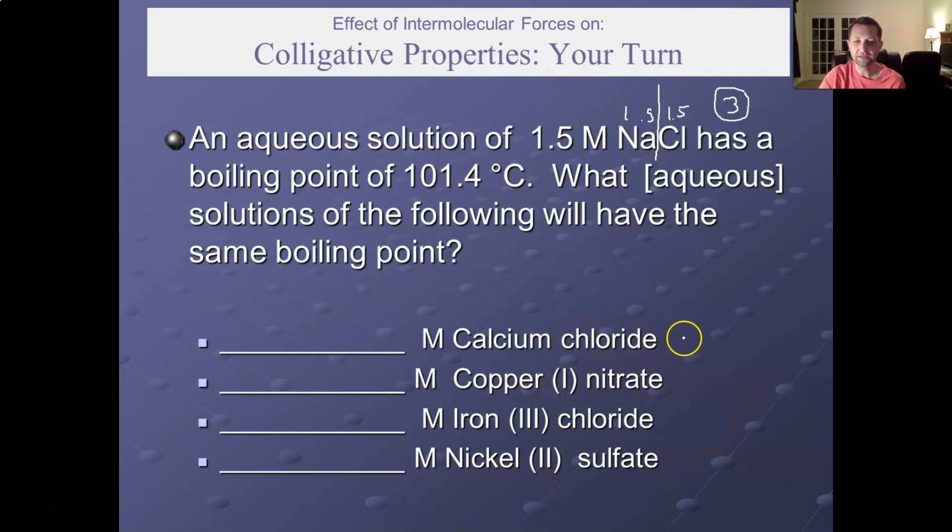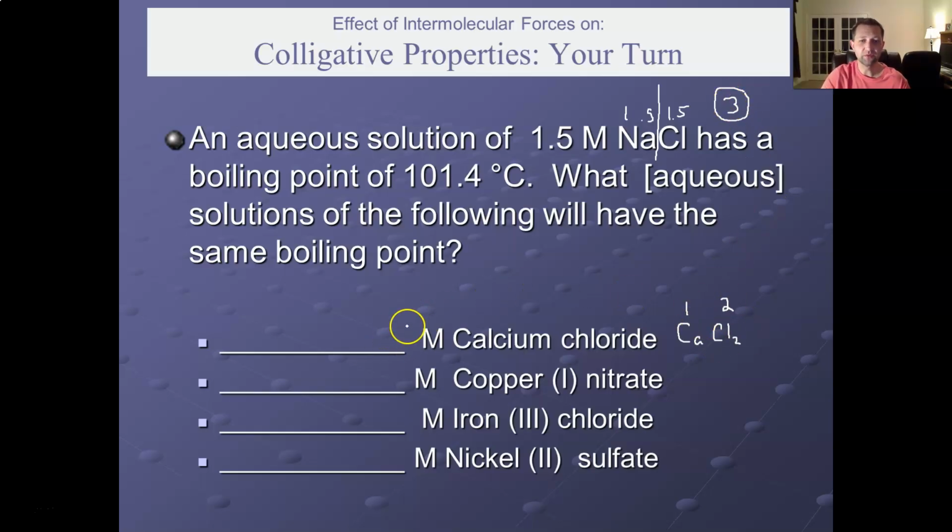So let's look at calcium chloride. Calcium chloride is CaCl2, right? So let's look at how many dissolved particles we would have here. We have 1 calcium and 2 chlorides, so 3 dissolved particles here. 3 times what would give you 3, right?